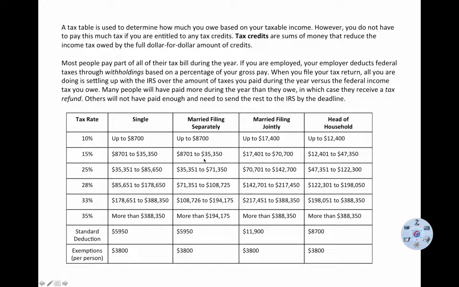If you made more than $35,000, the next chunk, again, it's different depending on your category, but just to get an idea of the way the table works, over $35,000 up to $71,000, you pay 25% on. So let's say if I made $50,000, I only pay 25% of that last $15,000.